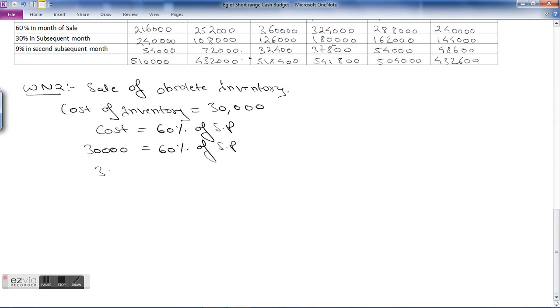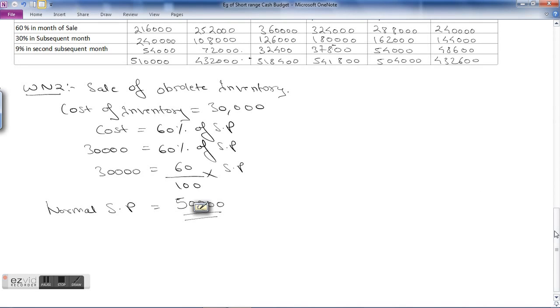So 30,000 is equal to 60 by 100 into selling price. So original selling price, or normal selling price comes to 50,000. 30,000 into 100 divided by 60, that comes to 50,000.